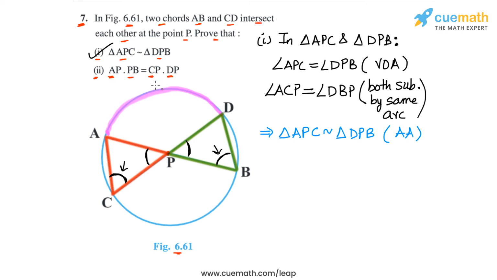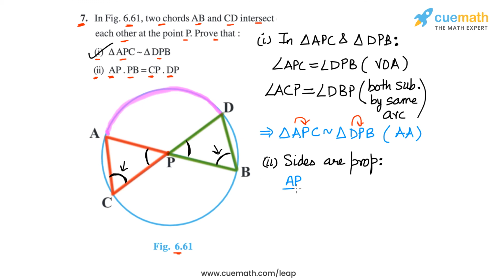Then in part 2 we have to prove that AP into PB is CP into DP. So for this purpose, we simply use the fact that the sides of these two similar triangles must be proportional. So the sides are proportional, and this means that if I take the ratio, let's say, the side AP in the first triangle, corresponding to AP I will have DP in the second triangle.